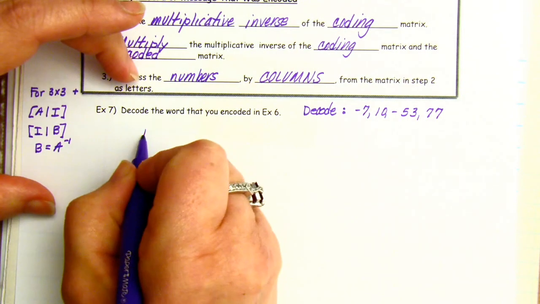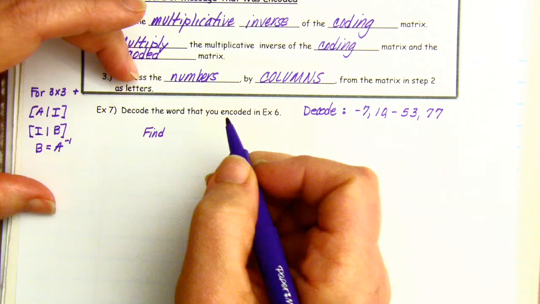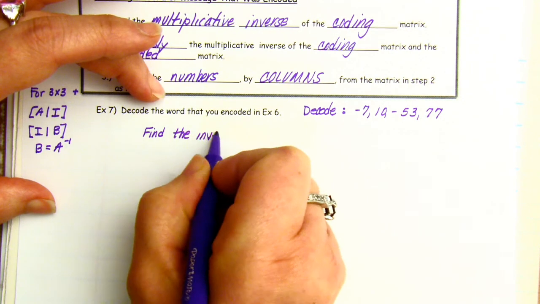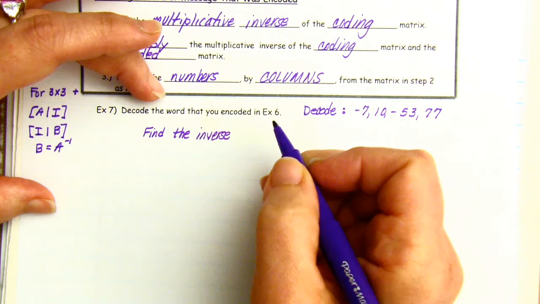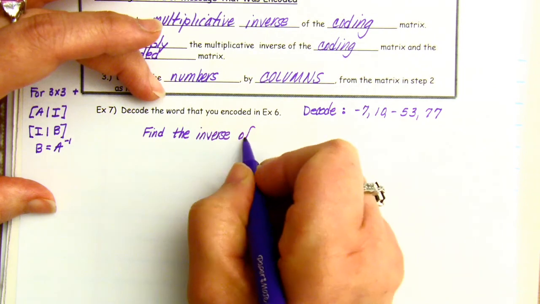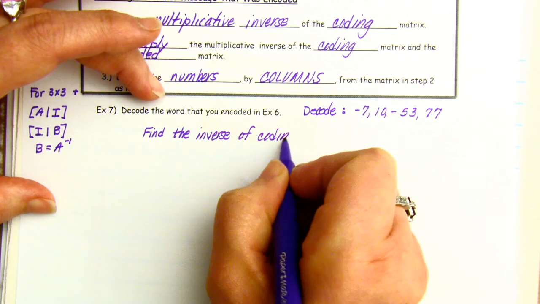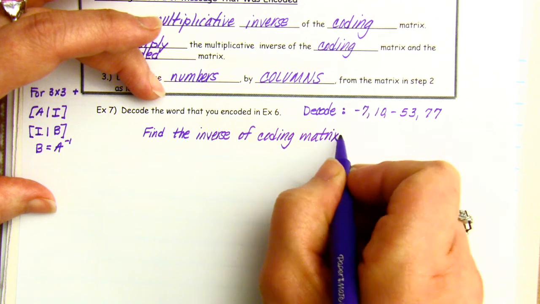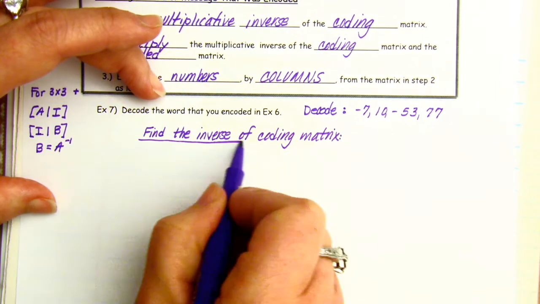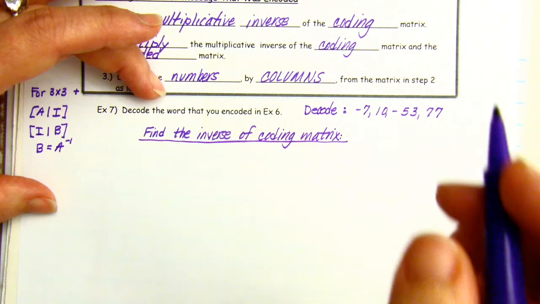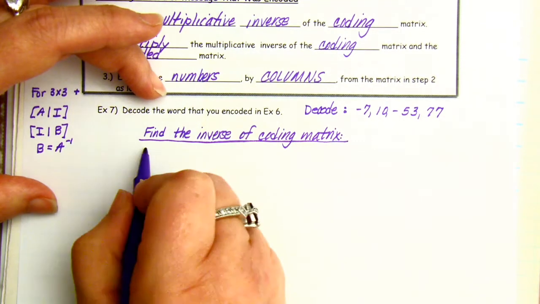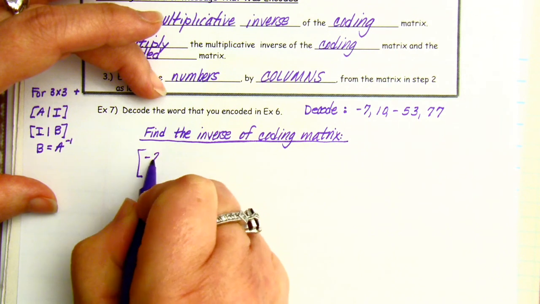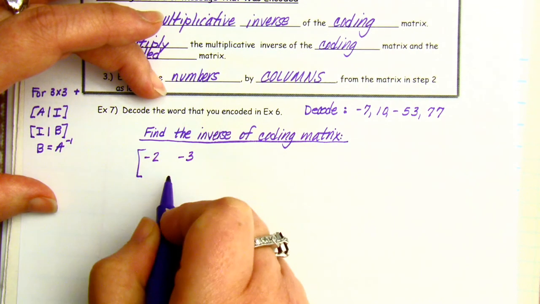So find the inverse of the coding matrix. And the coding matrix is -2, -3, 3, and 4.